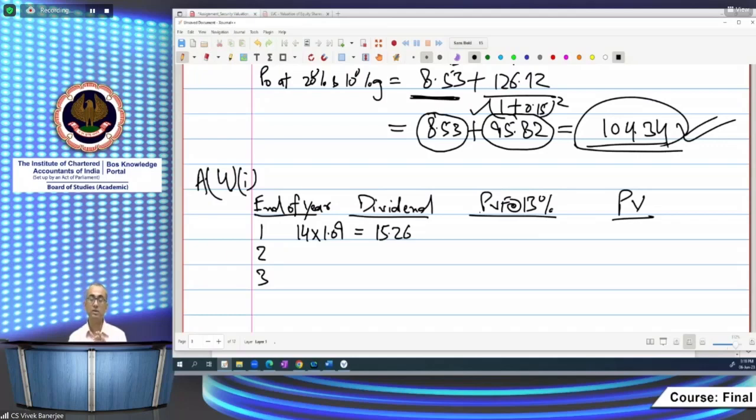Now we will calculate dividend received at the end of the second year. So it will be dividend at the end of first year multiplied by the growth rate, which is 9%.